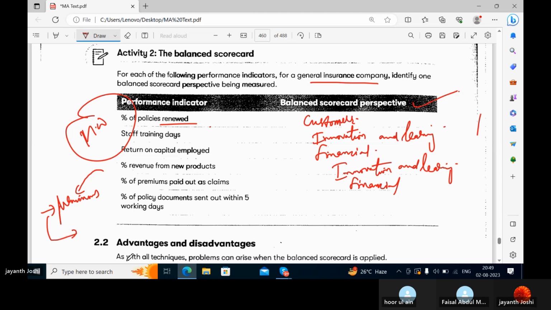Am I right? Percentage of policy documents sent out within 5 working days. So this is happening in internal business process.